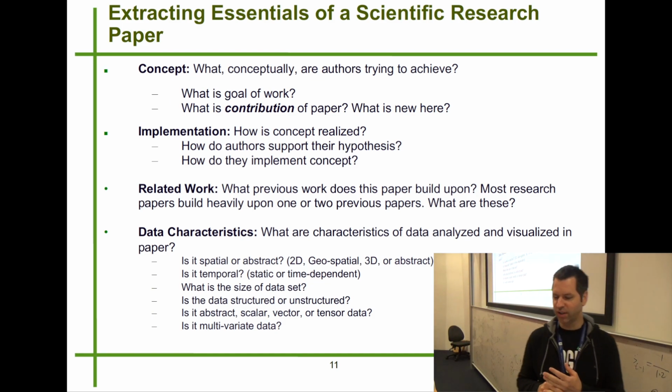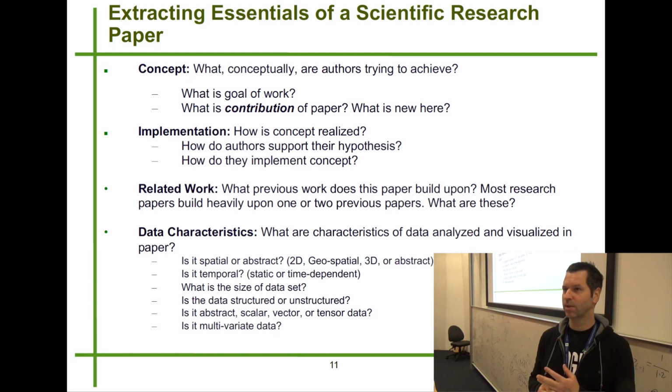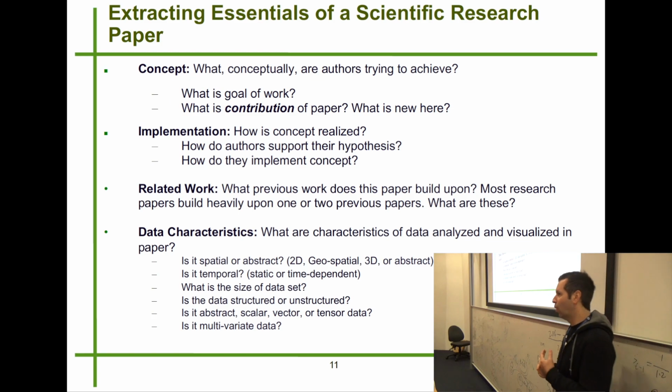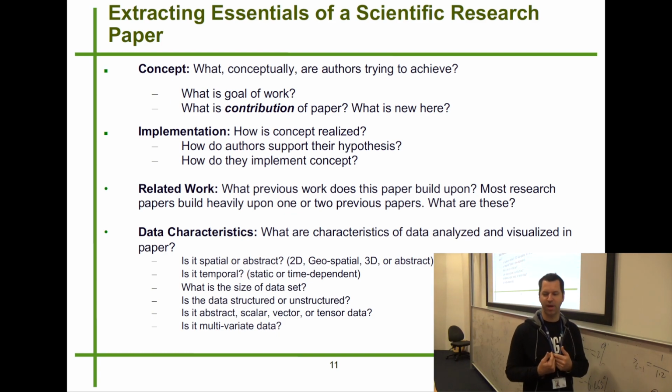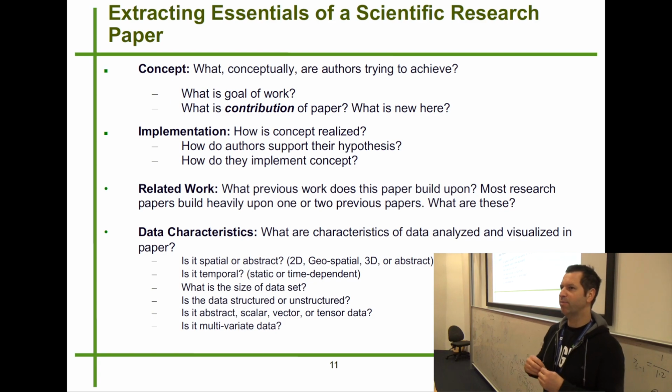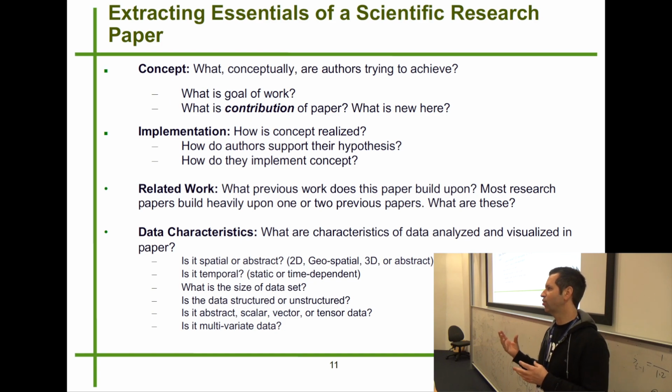What are they trying to achieve conceptually? What is the goal of that paper? This is also the contribution of the paper. What is that paper contributing to science? What is the new aspect that they're trying to contribute?